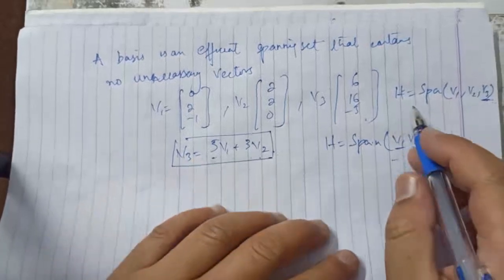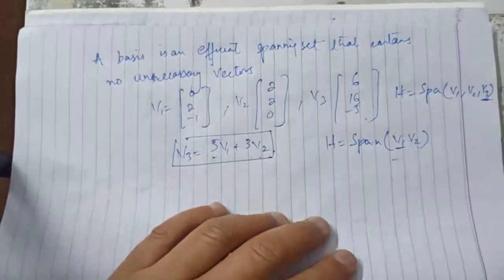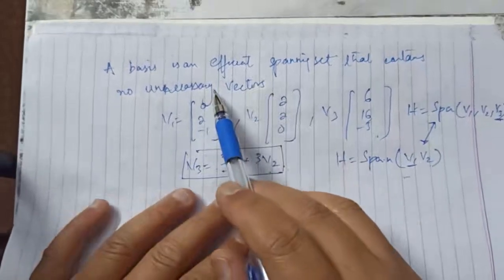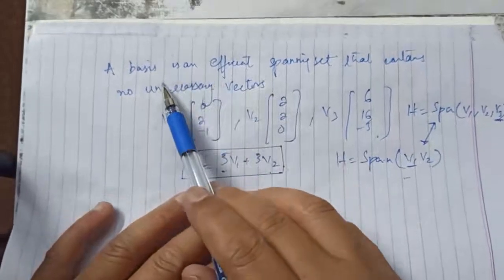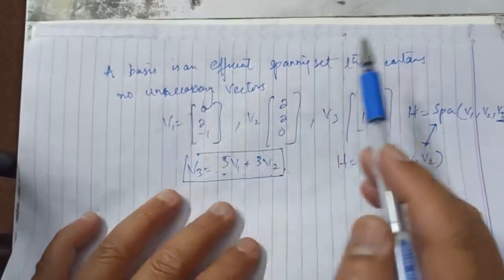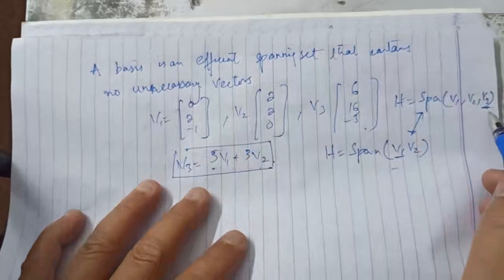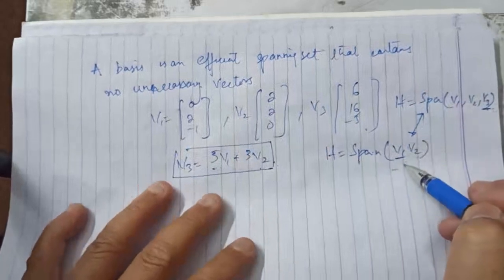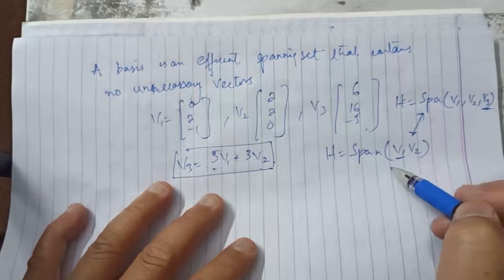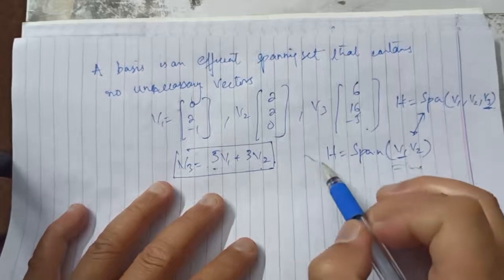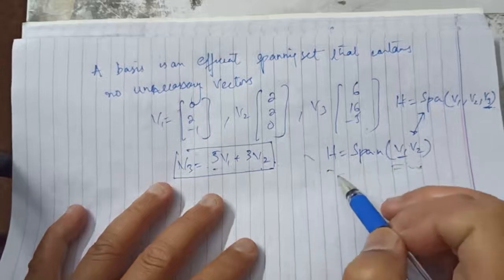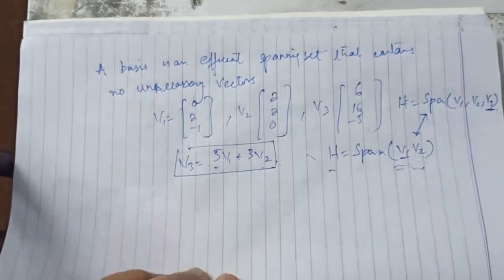The spanning set theorem says that a basis is an efficient spanning set that contains no unnecessary vectors. In this case v3 is an unnecessary vector and has to be gotten rid of, and now we have v1 and v2 as the basis of this subspace H.